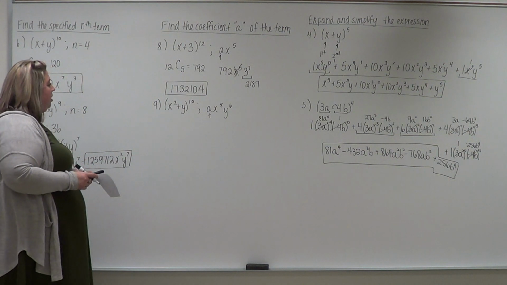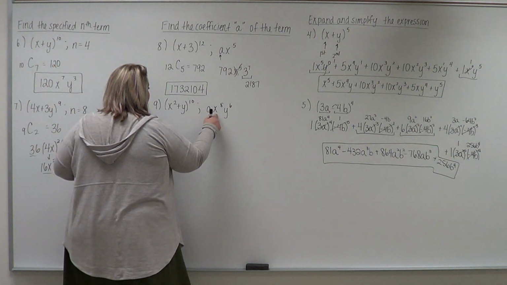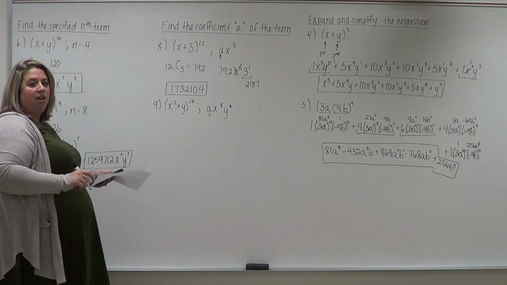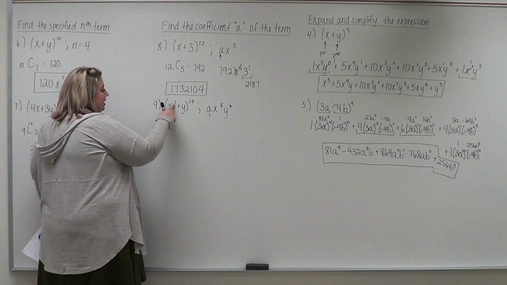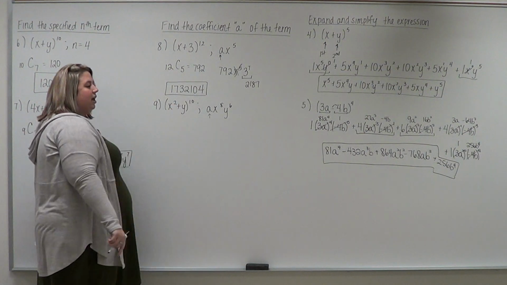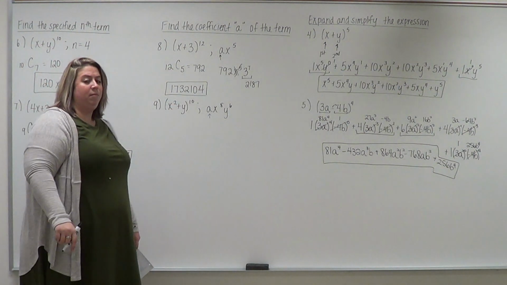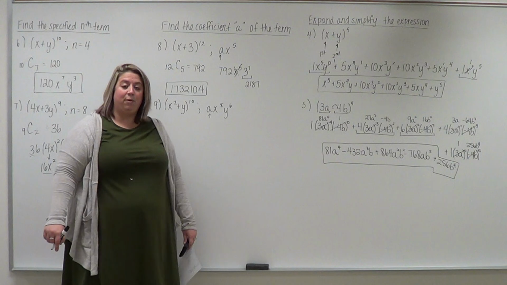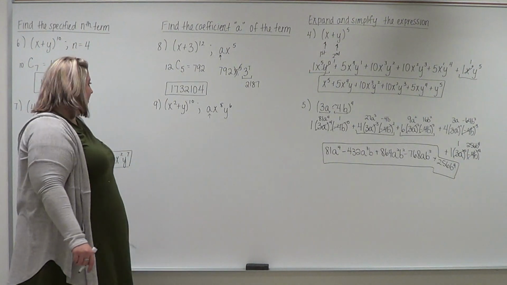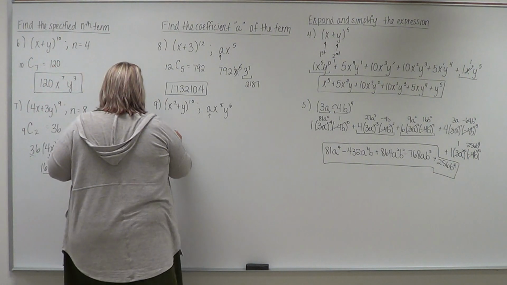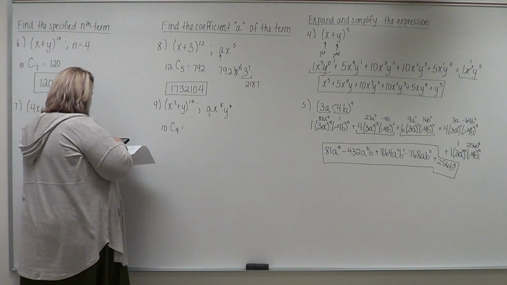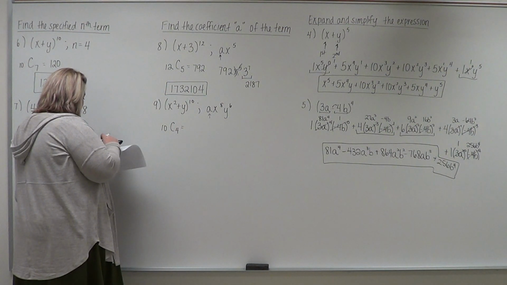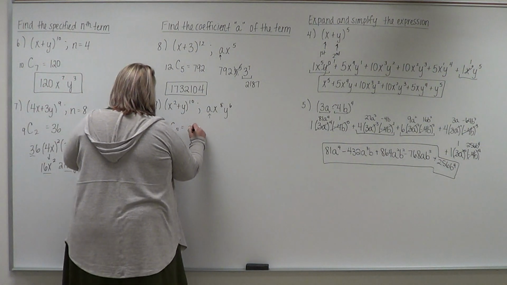Okay, one more. I got my coefficient. Well, my first thing says x to the 8th. Okay, so if I know it's x to the 8th, well wait, I had an x squared. So how could I get x squared to be x to the 8th? Well, that means I would have had to take it to the 4th power, because 2 times 4 is 8. So this would be 10c4, which is 210.